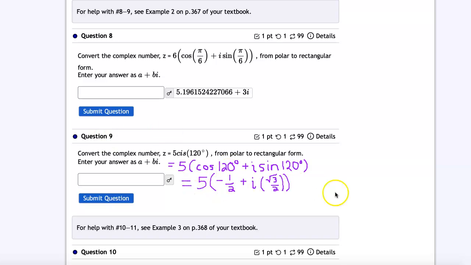And then next we use the distributive property, and then we want to rewrite this also in the a plus bi format. So we have negative 5 halves plus 5 root 3 over 2 times i.